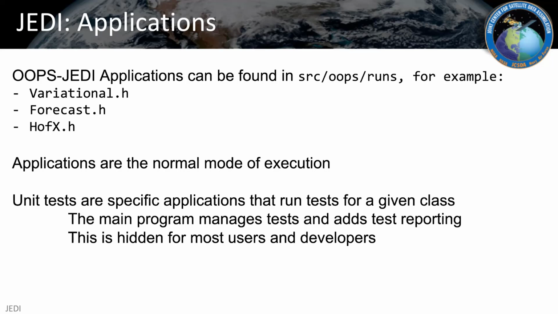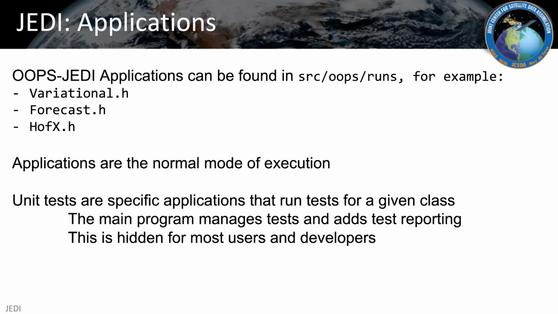Unit tests are very special applications. So when you run your CTest, it's actually running these unit test applications that are kind of hidden from the user. I mean, they are there somewhere, you can find them, but you don't really need to go into them. And unit tests are applications that just run tests for a given class at a time.